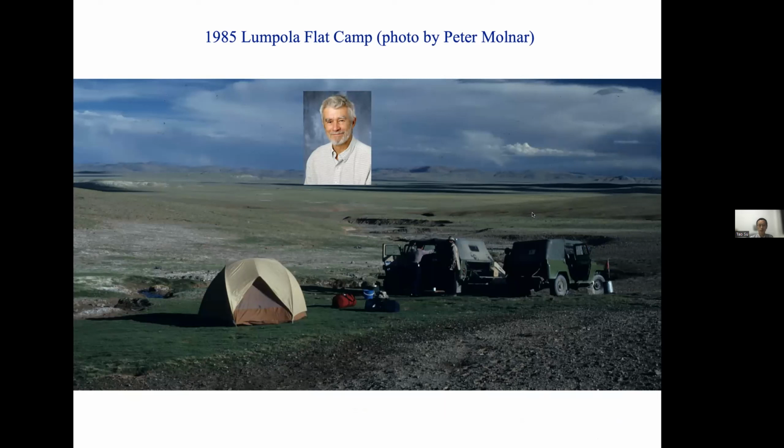They did field work in this region, and it's really unbelievable. How could they get access to this region just about 40 years ago? It's really very difficult to get access. And unfortunately, as some of you know, Peter Molnar passed away last year. Really very sad news.